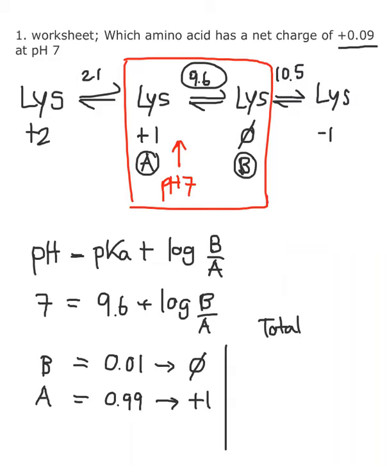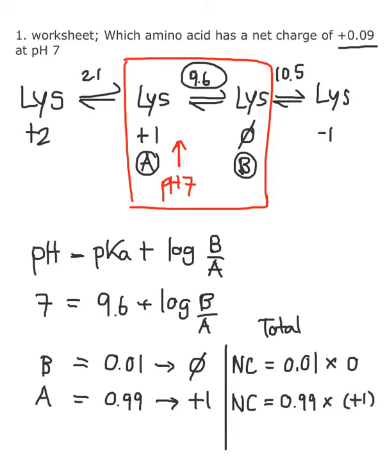So for the basic part, the total net charge would be 0.01 times 0. Whereas for the acid ratio, you would have 0.99 times plus 1.